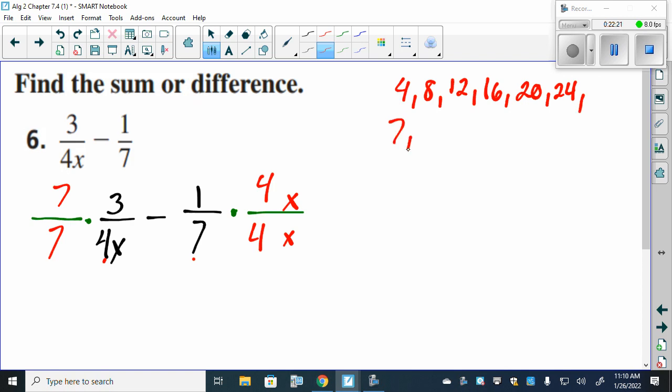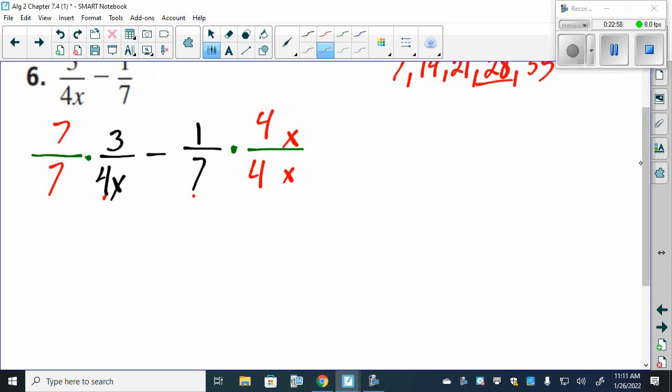And then we can go 7, 14, 21, 28. Then it would be 35, yes? Well, the next one for 4 would be 28. So 28 would be the first number where they're the same, yes? So what times 7 is 28? What times 4 is 28? Okay, so it did work out that these are actually the smallest numbers to use to get them to be the same. But if there was one smaller than either one of those, we'd want to use it.